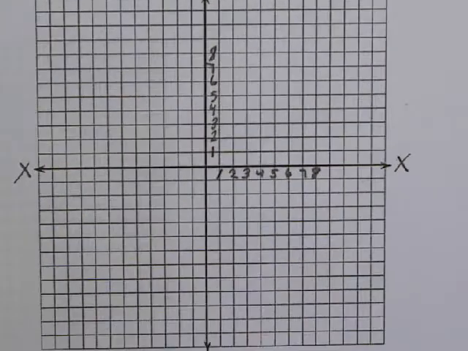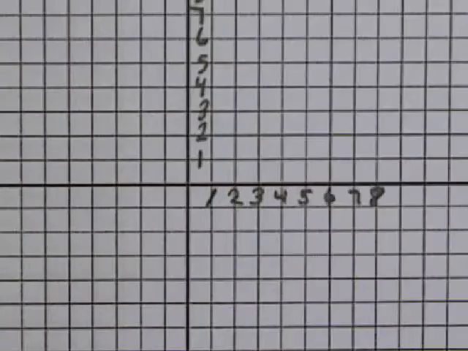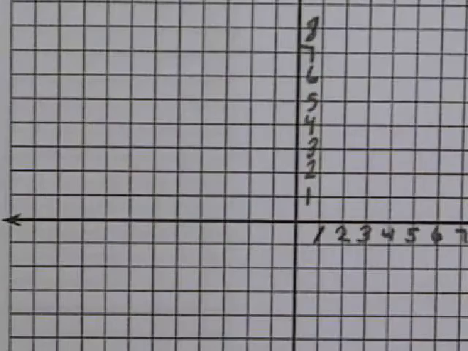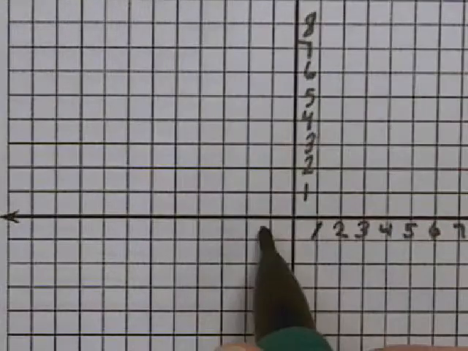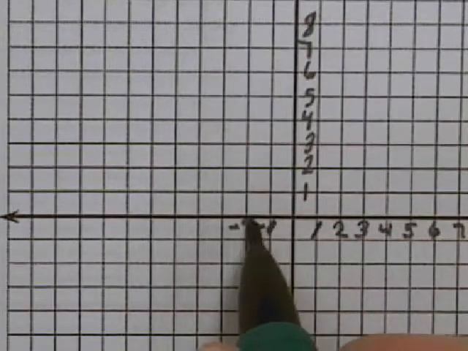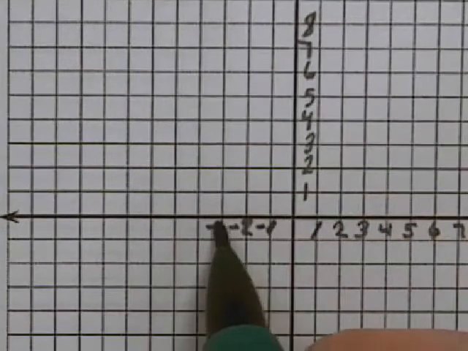Let me zoom way in so you can see how I did that. Now we're going to label the negative side. I will usually put that negative sign inside that first box.